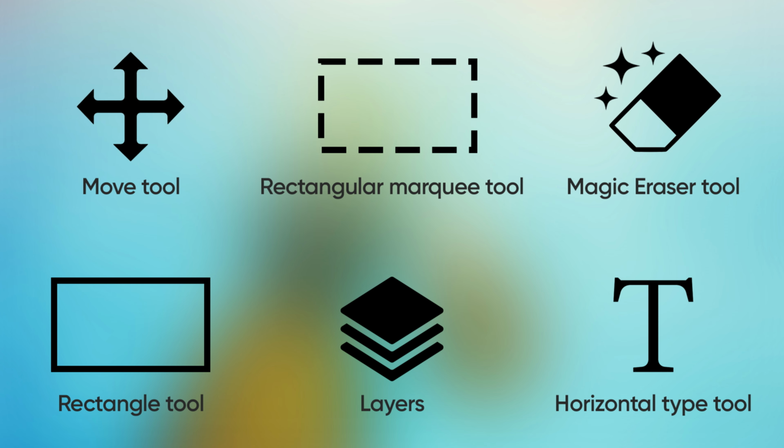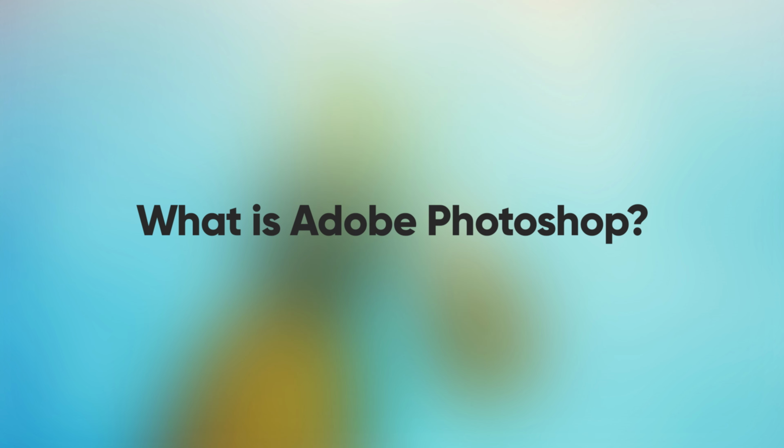In our previous episode, we mentioned some tools and how they function. This episode is no different. The tools just get better. Again, from our previous tutorial episode, we defined Photoshop as a software application developed by Adobe for editing and manipulating digital images and graphics.